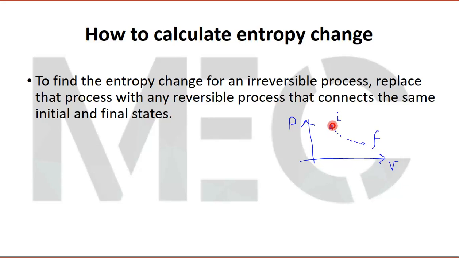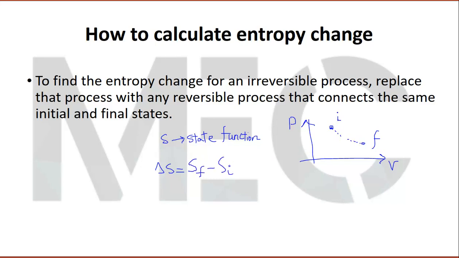So if it expands very quickly, it is an irreversible process. But only the initial state and final state are important for us, which means entropy is a state function. Entropy is a state function which depends only on the initial and final state. So delta S depends only on the initial and final state, no matter how you calculate it.